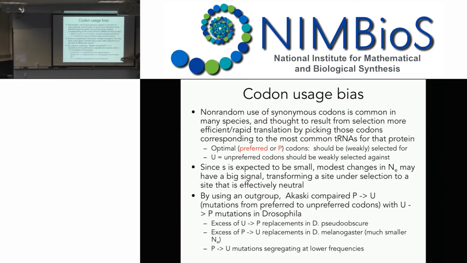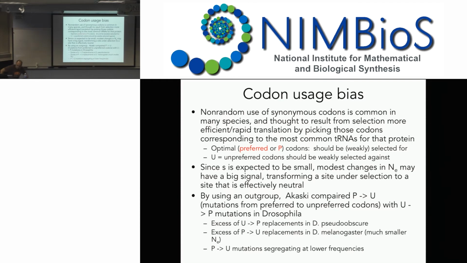And what you saw was an excess of going from an unpreferred to preferred replacement in pseudoobscura, but you saw an excess of preferred to unpreferred replacement in melanogaster. The difference is melanogaster is known to have a much smaller effective population size than pseudoobscura.